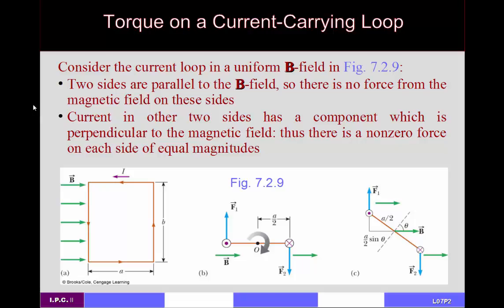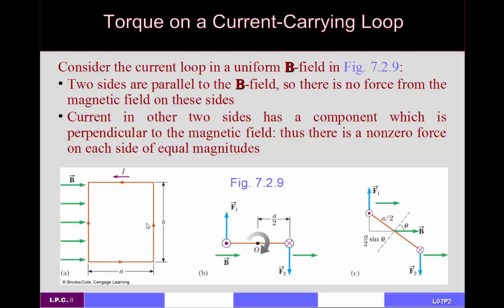So let's consider the current loop in the uniform magnetic field as shown in this diagram here, because we're going to try and obtain an equation that relates the magnetic field strength and some other parameters of this wire, such as the length and width and current carried, to the amount of torque that it gets.